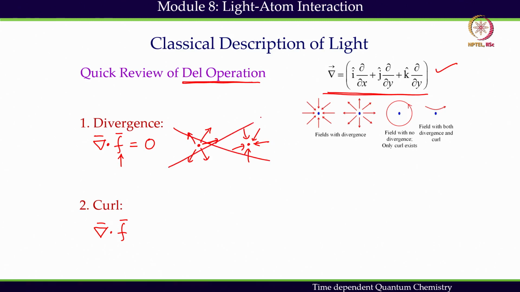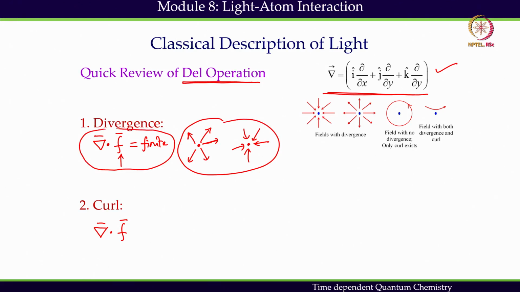But if it is not 0, let us say some finite value, then the field must be converging to a point or diverging from a point. So the field would be like this in the medium, and because this dot product shows the divergence of that field, it is called the divergence relation.